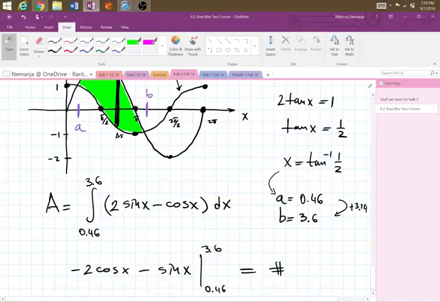I will be drawing this directly on the page, so pay attention. Let's take a look at problem 7. This is page 417 for those of you who want to follow in the textbook.